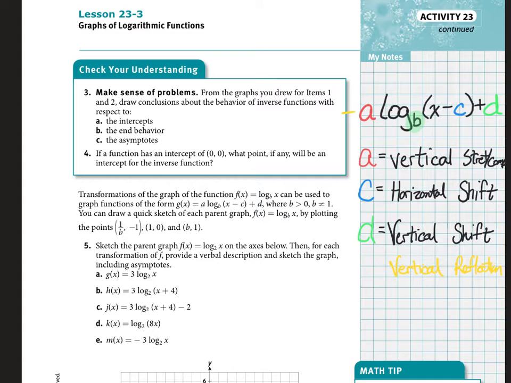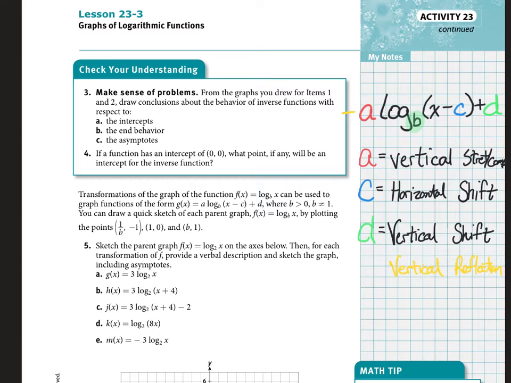We're going to stick with 2 though. We're only going to basically work with 3 logs: the common log, which is log base 10, the natural log, which is the inverse of Euler's number, the e, and then log base 2. So just keep in mind that the log base doesn't mean anything as far as transformations.